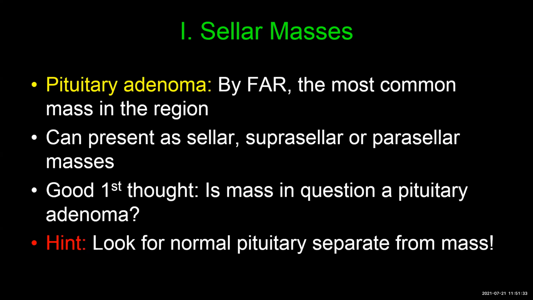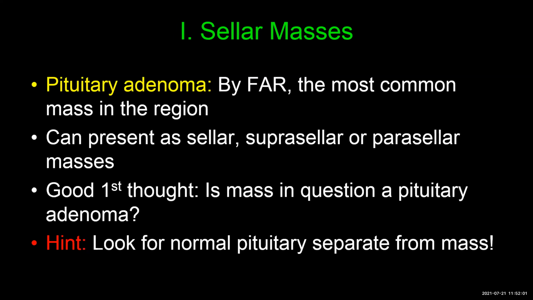We see it incidentally on scans that we do for other purposes because the patients may be pretty much asymptomatic. And these masses can grow out of the sella from the pituitary gland and present as masses in the suprasellar region above the sella, where we just looked at and we saw the optic chiasm and things like that. But they can also grow laterally into the cavernous sinus region.